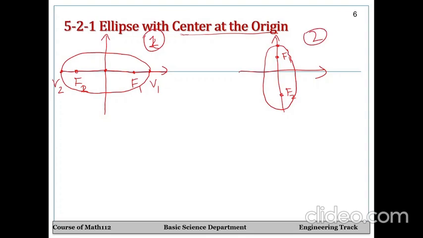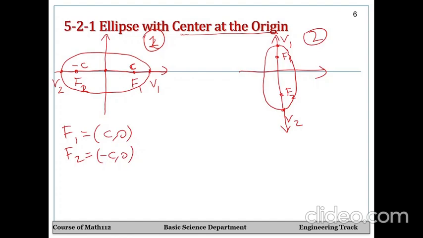Anyway, so the vertices here will be V1, and this is V2. And this is, as you see, the major axis on the x-axis here. Now, let's say this one here is C. Then this will be minus C. And F1 is now, what is this? It is (C, 0), and F2 is (minus C, 0).